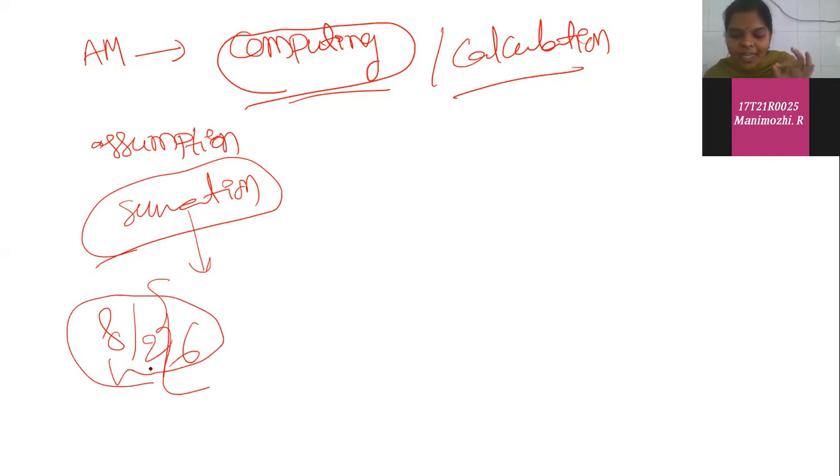That's why in arithmetic mean, based on the assumption, all the variables have equal importance, whereas the relative importance of all the items of the distribution is not the same.